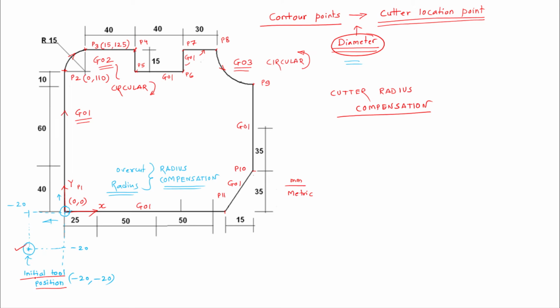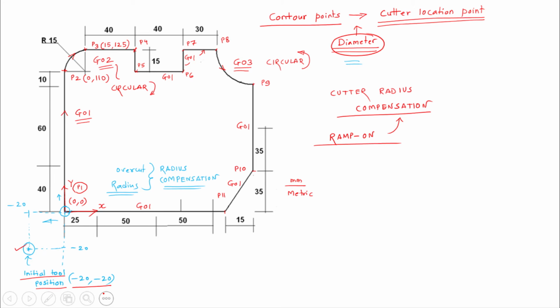Now we have to start carrying out the operation that we call the ramp on and ramp off operation. Now let us see what is the meaning of this ramp on and ramp off. The concept of ramp on and ramp off is in connection with the cutter radius compensation. As I mentioned, we are taking the tool to the initial position, that is minus 20, minus 20.